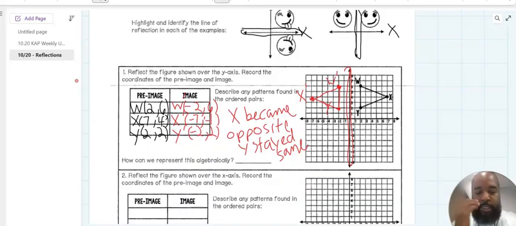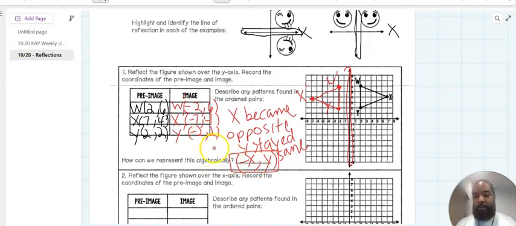So algebraically, that would look like this. If x became opposite, the opposite of a positive x is a negative x. And the y staying the same would look like this, y. So this would be my rule here. I'll go ahead and box that for you. It should look like negative x comma y.